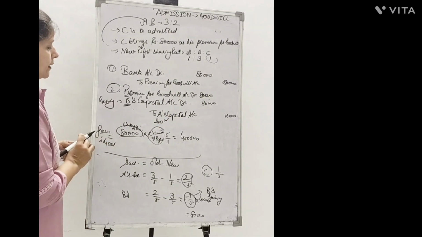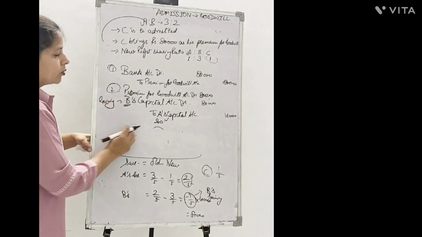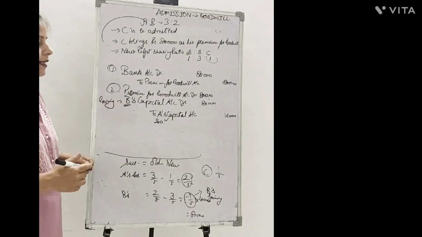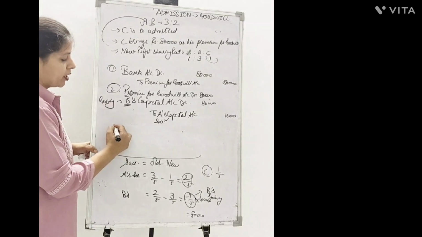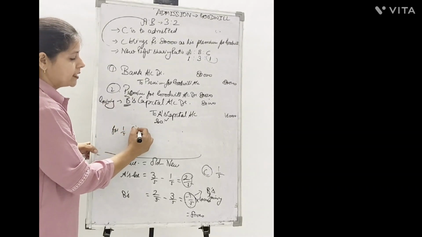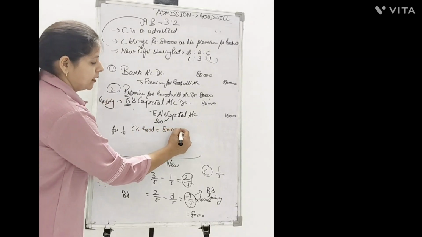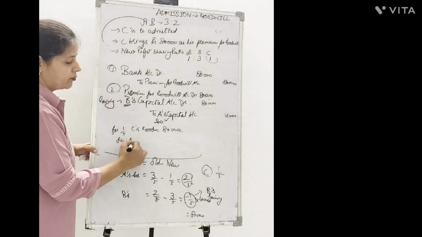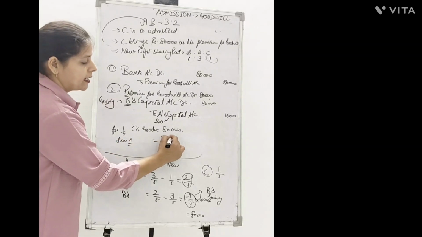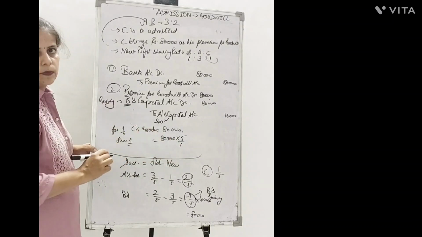If you say that in this manner the valuation is not taken, then you can have another method of making the calculation. Let's say 1/5 share. For 1/5 share, C's share of Goodwill is rupees 80,000, and for the firm's Goodwill the share would be 1. That would be 80,000 into 5/1, taking the reciprocal.